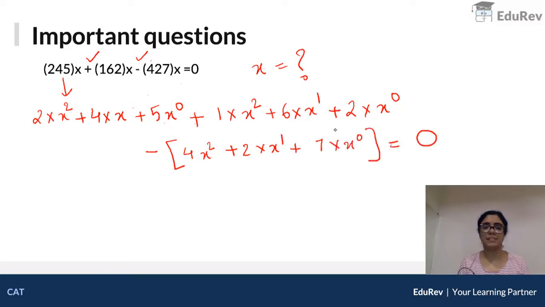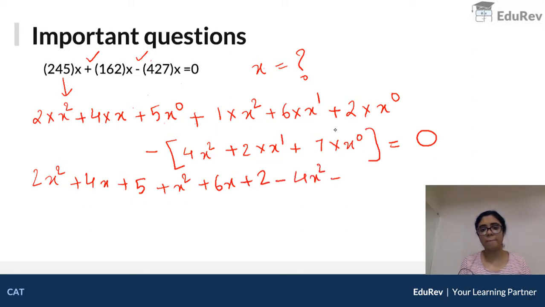And your final value accumulates to be 0. So our expression is 2x square plus 4x plus 5 plus x square plus 6x plus 2 minus 4x square minus 2x minus 7. Sorry, this will be minus 7 is equal to 0. So we'll combine the x square terms first.